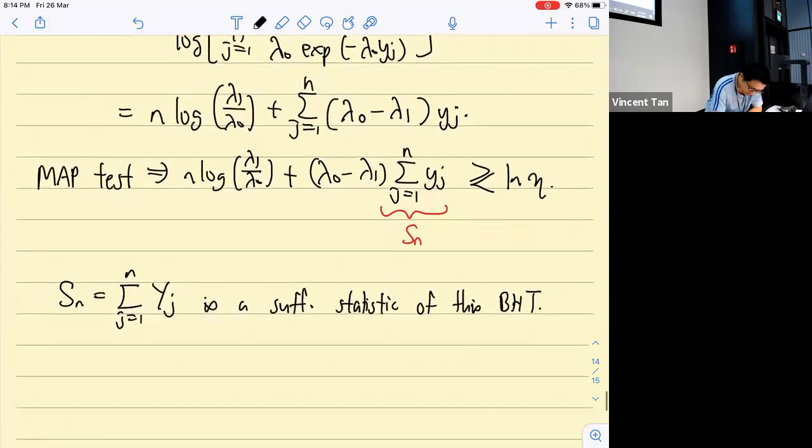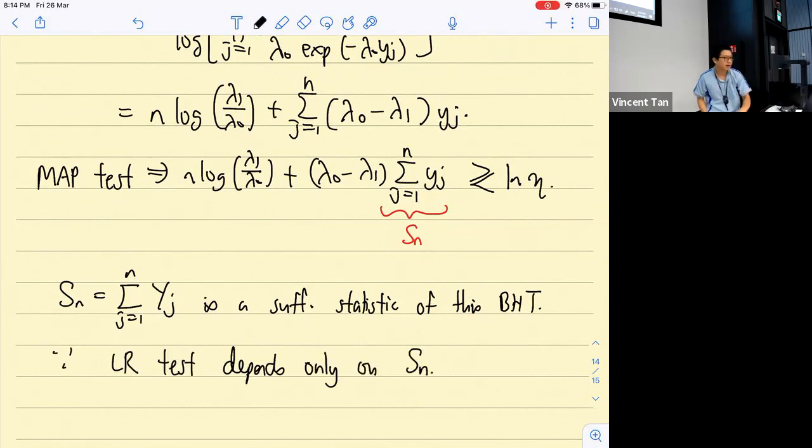The likelihood ratio test depends only on Sn, the nth arrival epoch. It doesn't matter what happens before the nth arrival epoch. I don't need to know that in order to find out whether lambda is lambda 0 or lambda 1. All the stuff before the nth arrival epoch is irrelevant. So Sn is a sufficient statistic for this binary hypothesis testing problem.